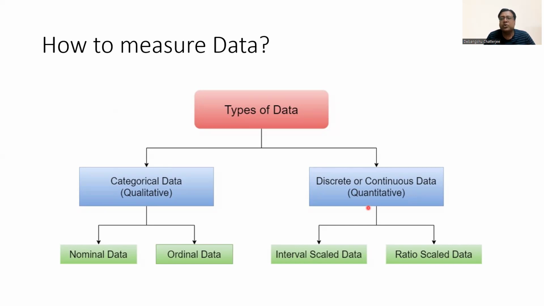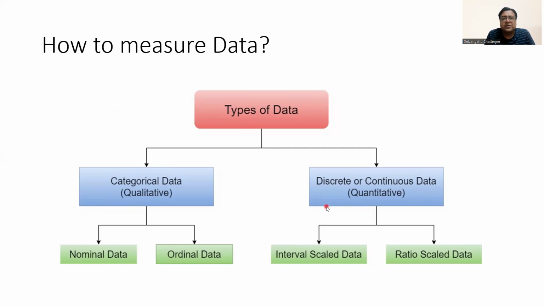So that can be counted. Now in continuous data, what happens is in an interval, or that is a ratio. So the ratio should form some meaning. In continuous data, like height of the students in a class, the weight of the students in a class, these are all continuous data. We will go into the details.